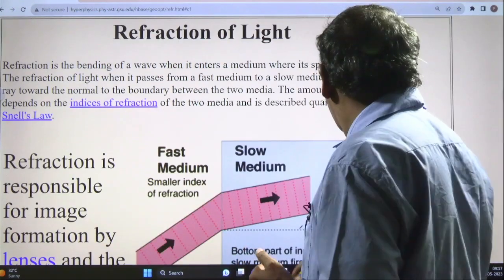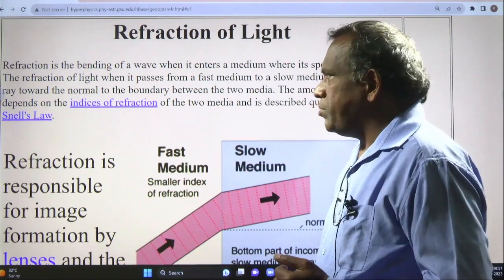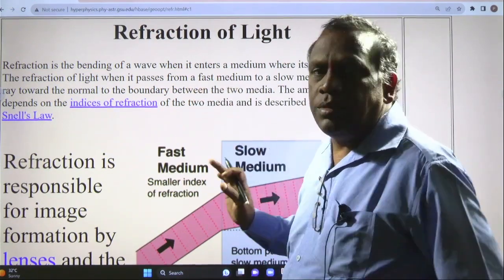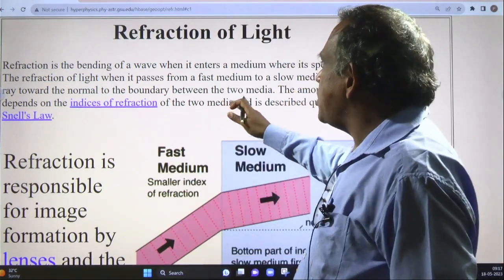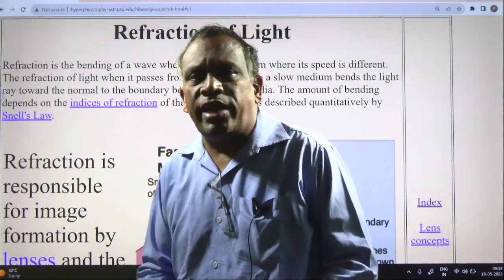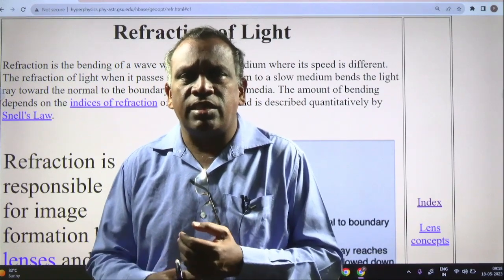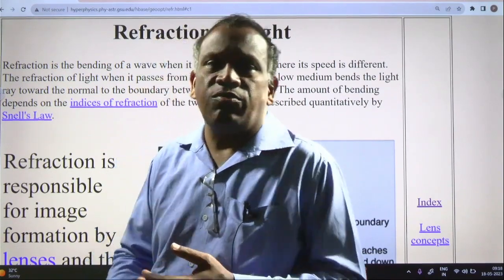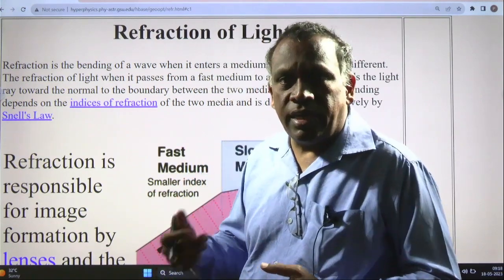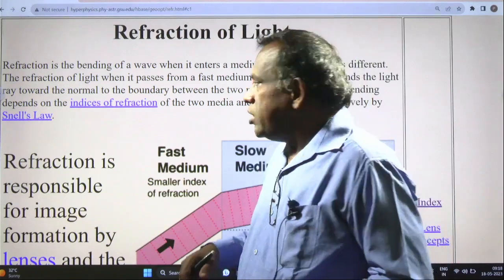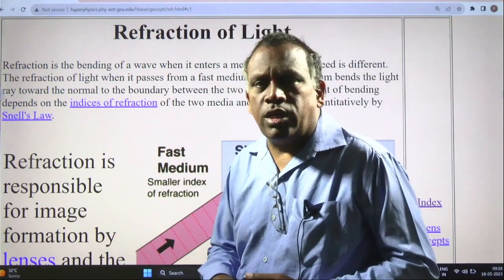Usually the velocity of light in a rarer medium is greater than that in a denser medium. So in the rarer medium the speed of light is fast, and in the denser medium the speed of light is slow. That's why the speed of light changes from one medium to another.